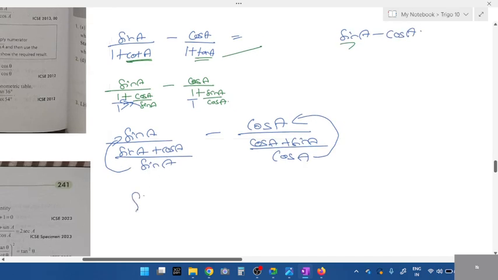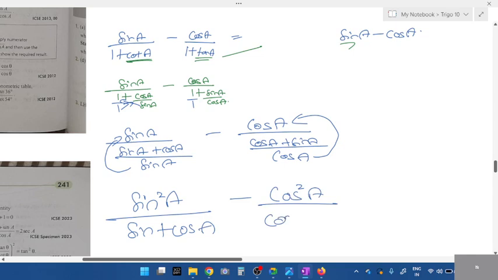So sin A into sin A, you get sin square A divided by sin A plus cos A, minus cos A into cos A is cos square A divided by cos A plus sin A.